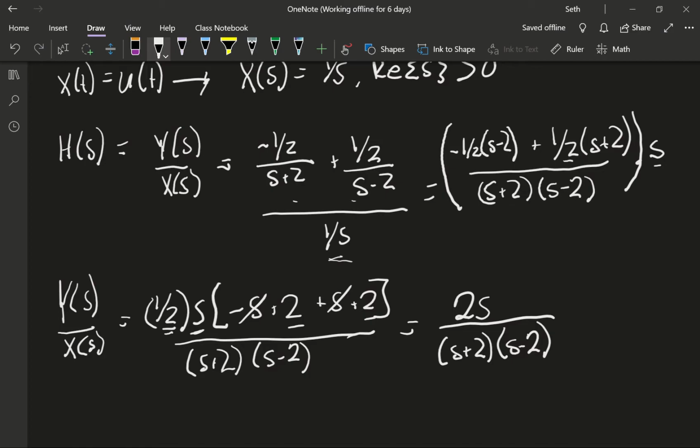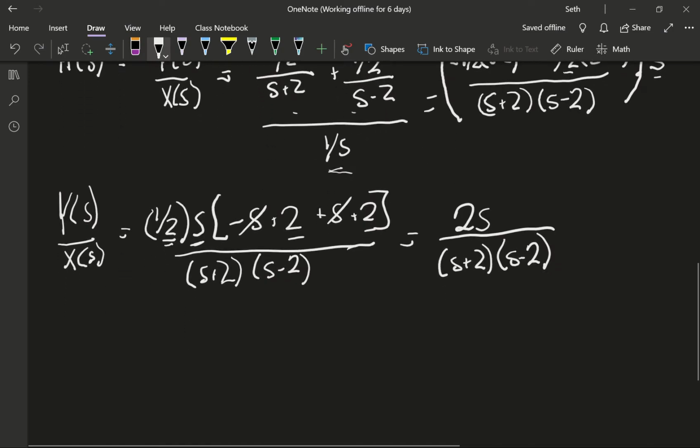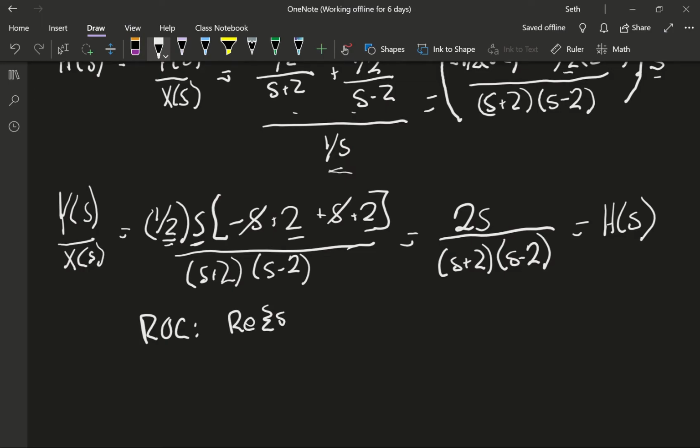The region of convergence for y of s was s greater than 2, the region of convergence for x was s greater than 0, so our region of convergence for h of s is going to be real part of s greater than 2.